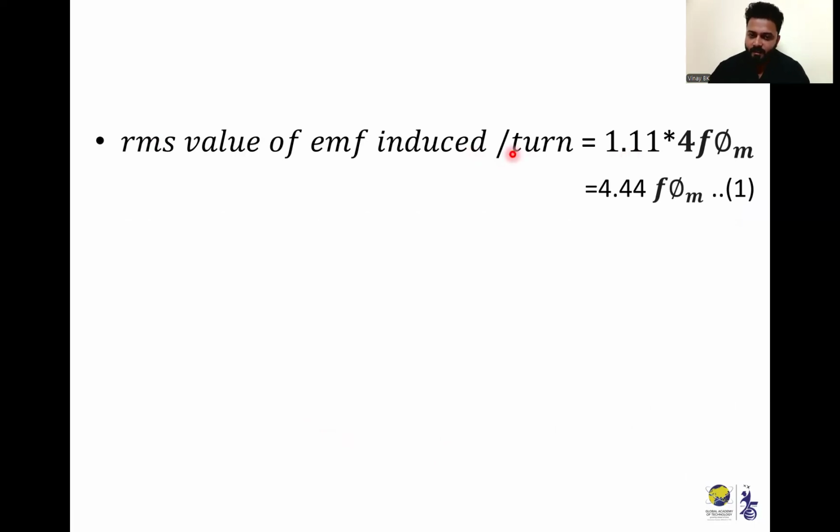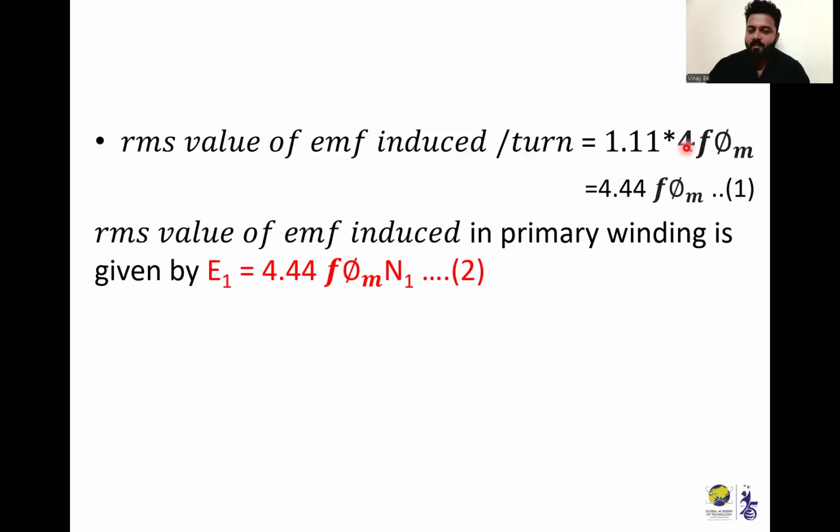That is per turn. I just want the RMS value of EMF induced, so I multiply by the number of turns, so the RMS value of EMF induced in the primary winding, denoted by E1. Therefore, for the primary winding, E1 or V1 equals 4.44 f phi m N1.